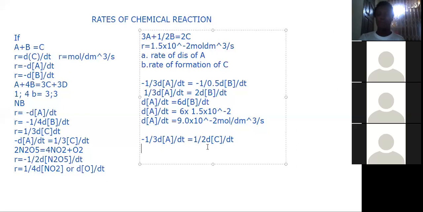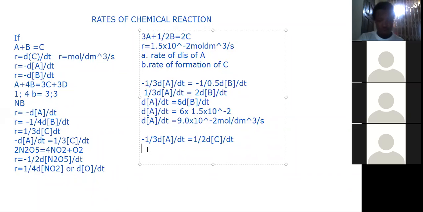Don't forget that we are finding for this one, so we ignore the negative, because this one should be positive, since we are forming C. If you bring the negative, it means it has not been formed, it has rather disappeared, or there's been a loss. So you just do away with the negative.